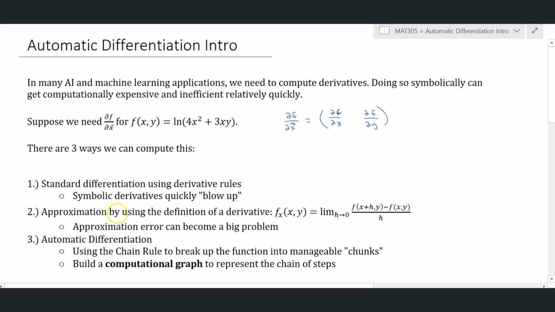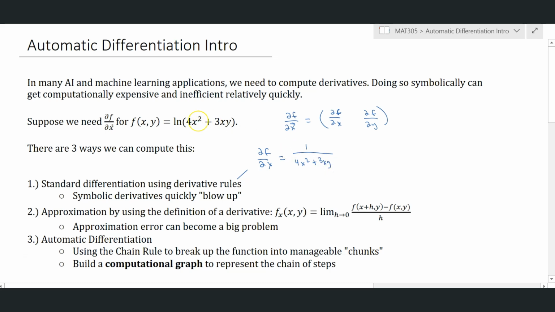One of those is just to do the derivative. And of course, we can do that, but notice that it's going to require some chains and chain rules. So if you would do this through the standard differentiation rules and you wanted to compute the partial of f with respect to x, first of all, you would have to take the derivative of what we would think of as natural log of this stuff. Well, the derivative of the log is 1 over the stuff, which in this case is 4x squared plus 3xy.